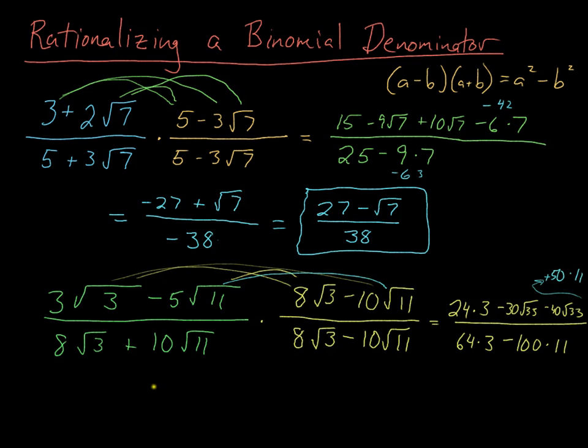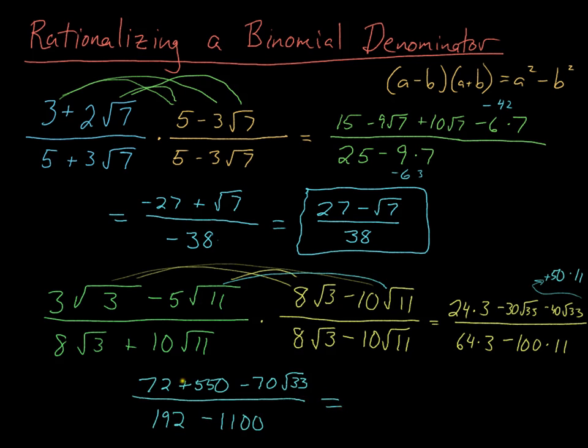So let me do my multiplies right quick. 24 times 3 is 72. 50 times 11 is 550. And then minus 30 and minus 40 is minus 70 root 33. On bottom, 64 times 3, that's 192, minus 1100.